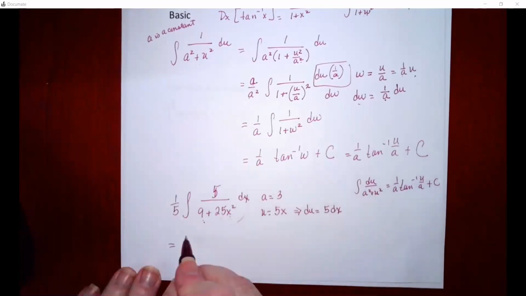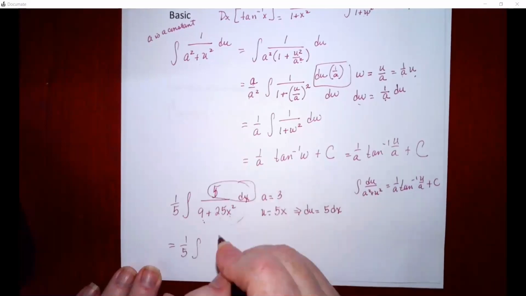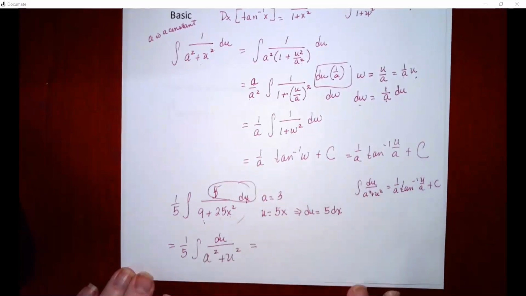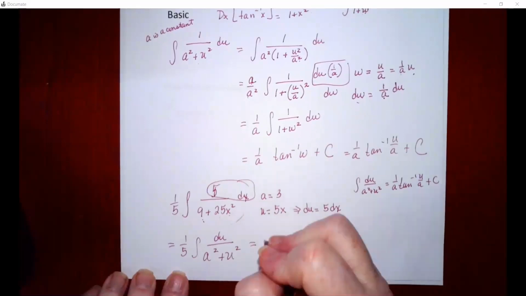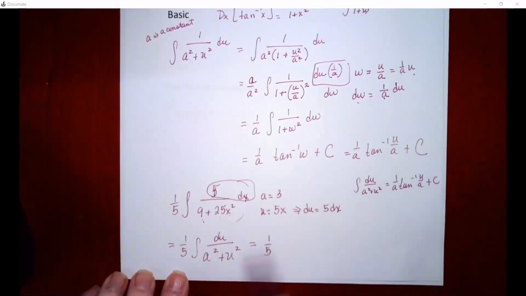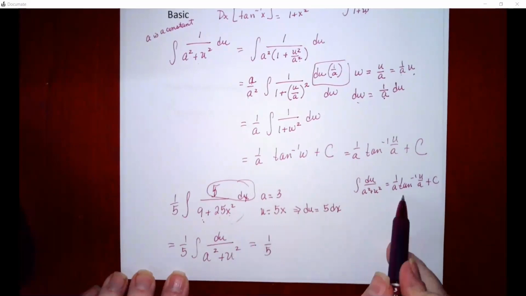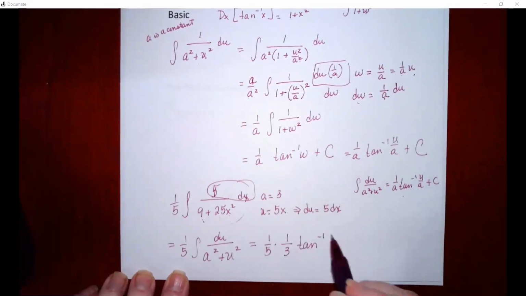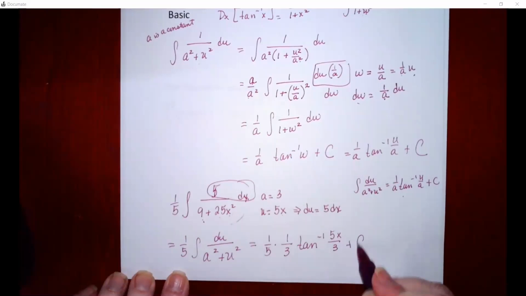And we would have 1/5 the integral of this chunk right here, du over a squared plus u squared. So that would be 1/5, using our formula from here, 1 over a would be 1/3, arc tangent of u over a would be 5x/3, plus C.